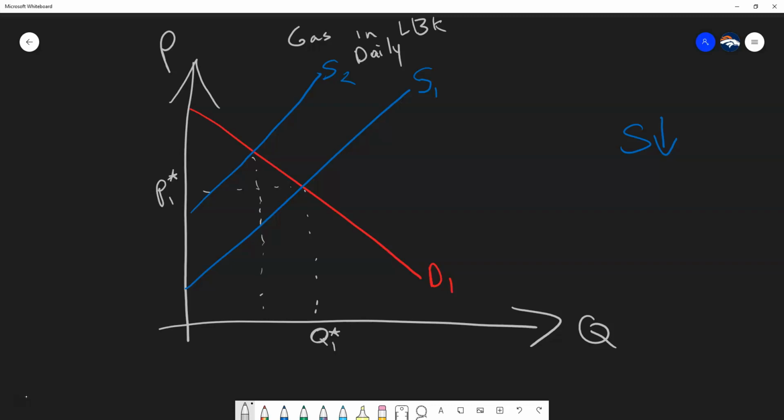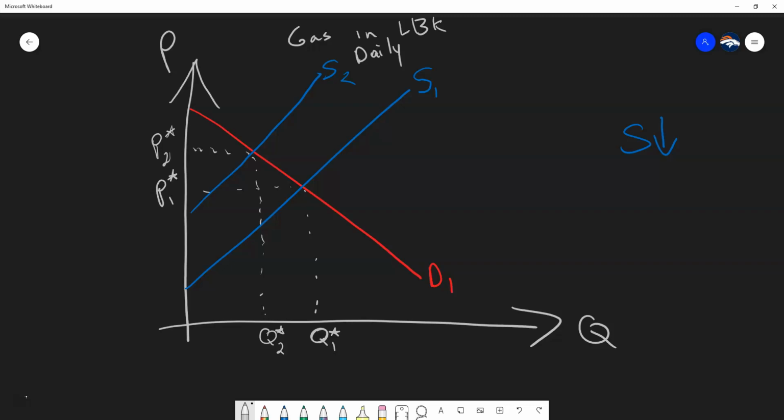Now, the reason why it's a brand new curve and a brand new market equilibrium is the fact that there's an outside force that actually changed these variables, right? The demand didn't change. It wasn't like consumers in Lubbock just said, because there's a hurricane, we want to buy more gas.